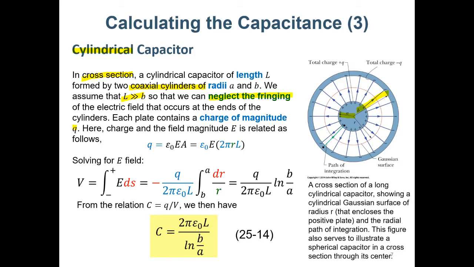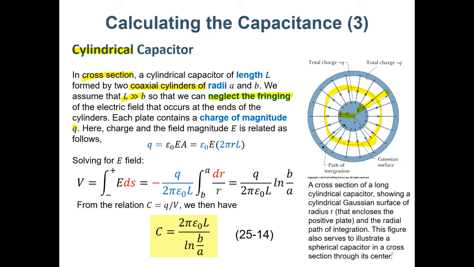And similarly, we have a Gauss surface here. This is the Gauss surface. Of course, it will have a top and bottom, but all the E field will be parallel to them, so they contribute nothing.